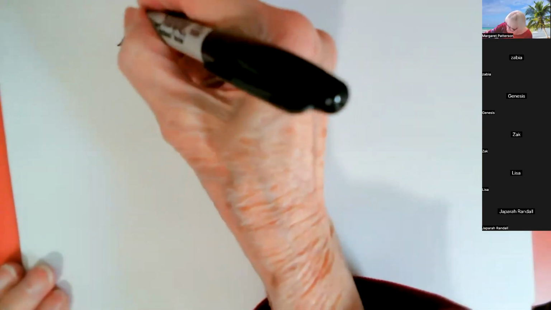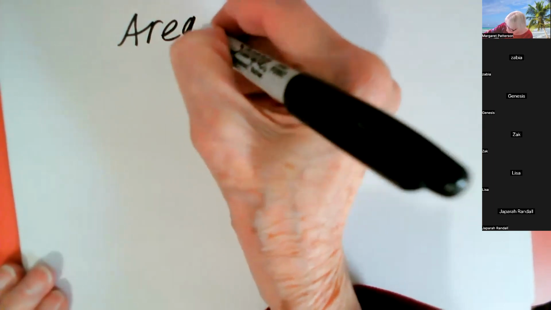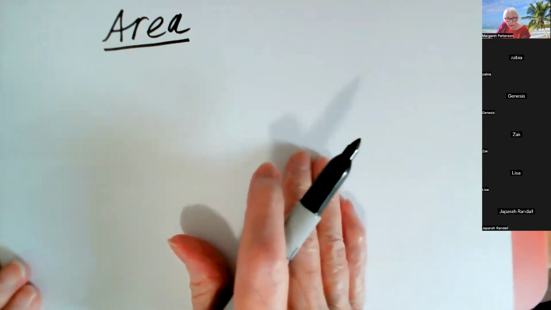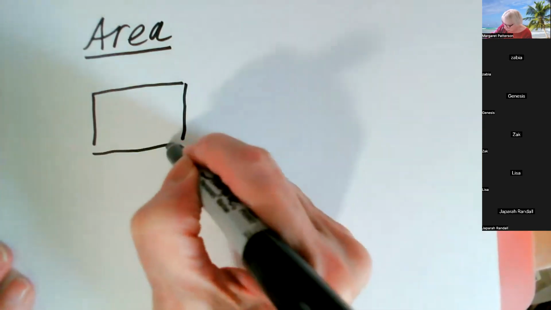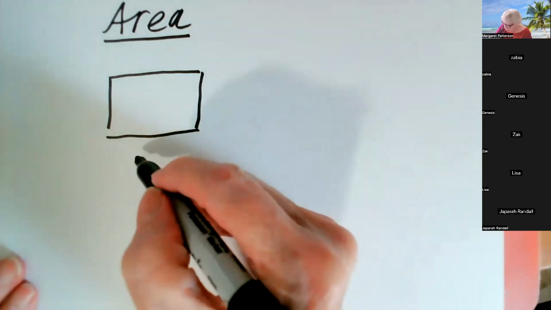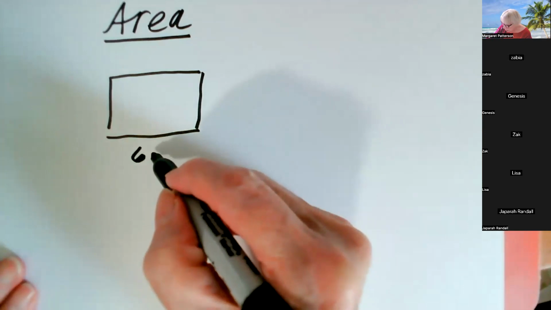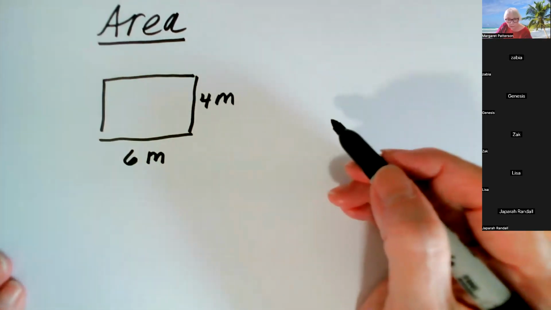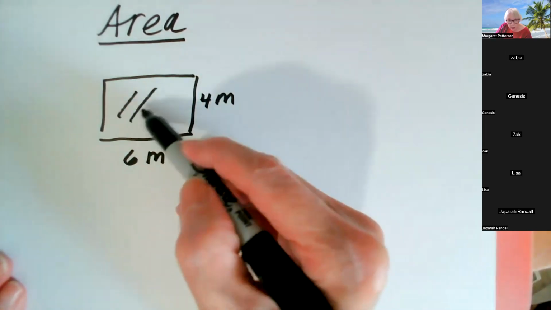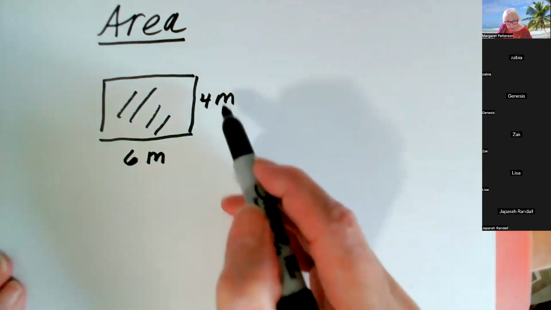So let's see what else was in that chapter 8. There were some problems on area. And so if it's a rectangle, if this is 6 meters and this is 4 meters, if they want the area, we're talking inside, not the edge.